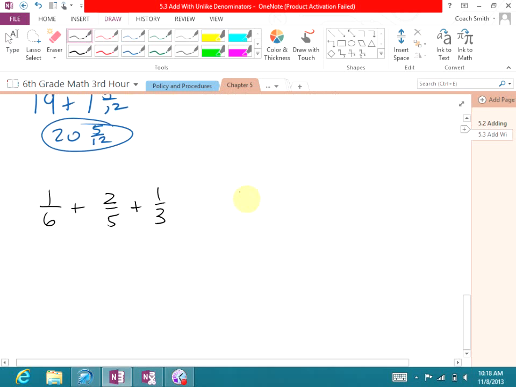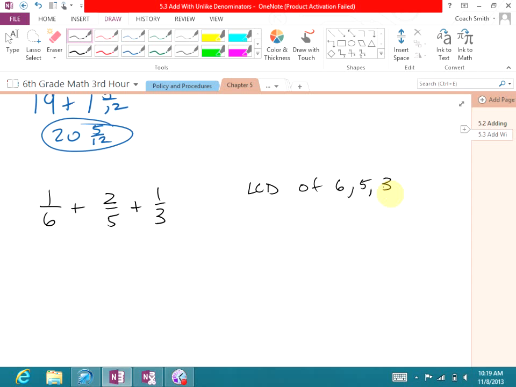Now, we need to find the LCD of 6, 5, and 3. Okay, so if we started counting by 6, we have 6, 12, 18, 24, 30, 36.